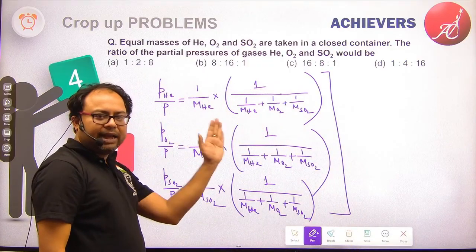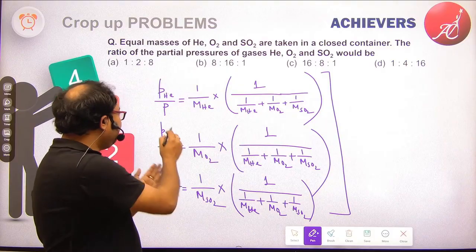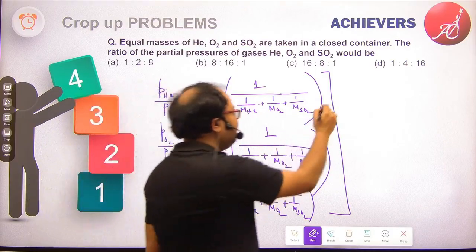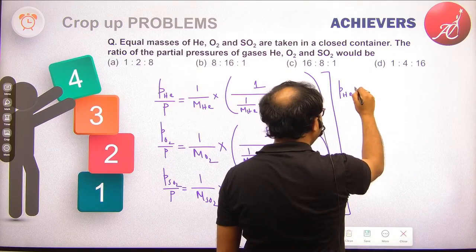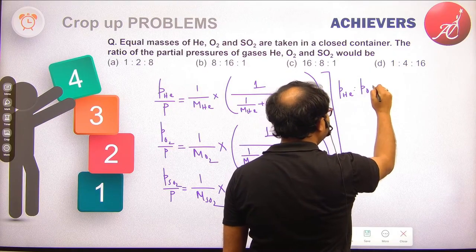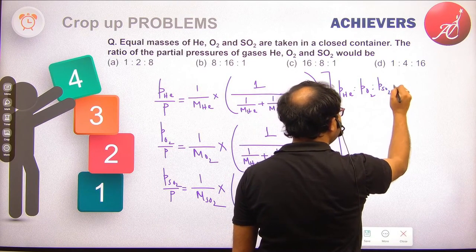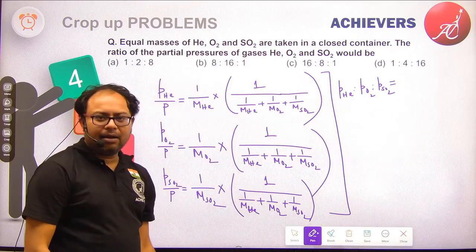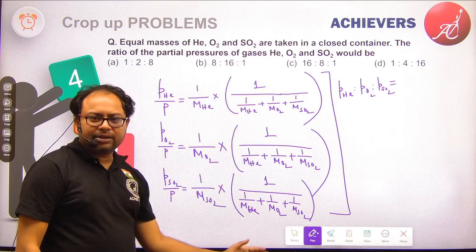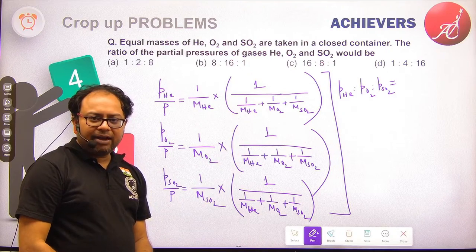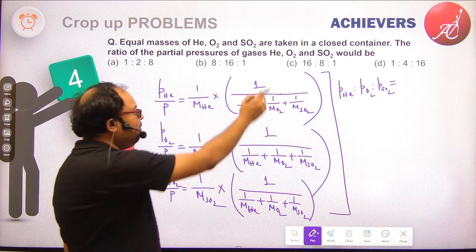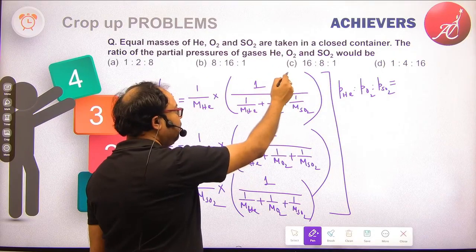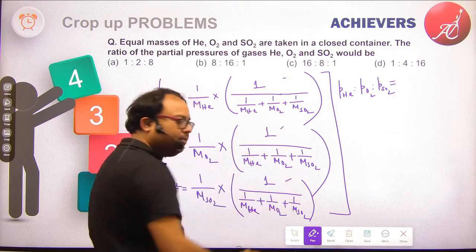So if you take the ratio of the left hand side, then the denominator P will cancel out and you get P helium is to PO2 is to PSO2. Now taking the ratio of the right hand side, this common factor over here, over here, over here will cancel out.